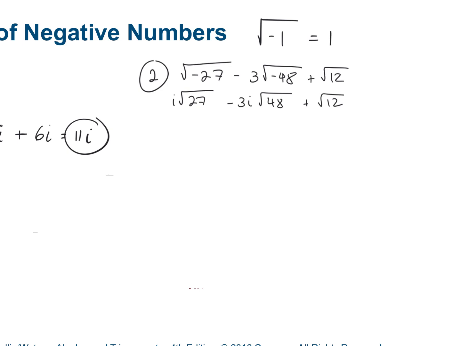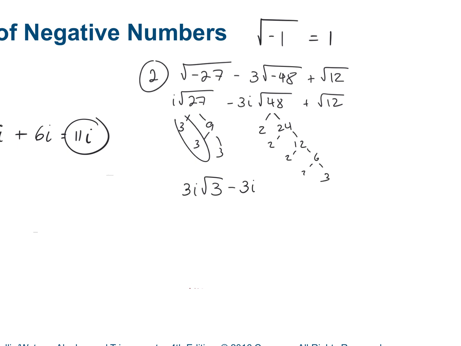Now, when I do that, I am going to simplify as much as I can. I can break this into 3 and 9, 3 and 3, because we have the pair. This will become 3i root 3, minus 3i. Let's figure out 48. So I can do 2 and 24, 2 and 12, 2 and 6, 2 and 3.